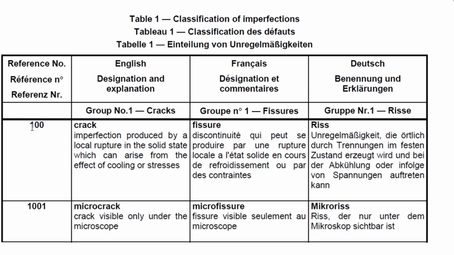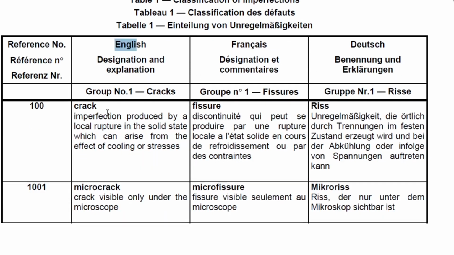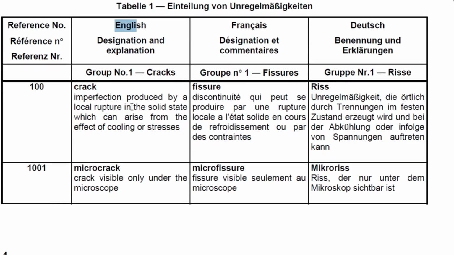We can see here 100, which means crack. This is the designation and explanation, in English, French and Dutch. Group 1 is crack. So what is a crack? A crack is an imperfection produced by a local rupture in the solid state, which can arise from the effect of cooling or stress. So here they take code 100, and the designation of the imperfection is crack.